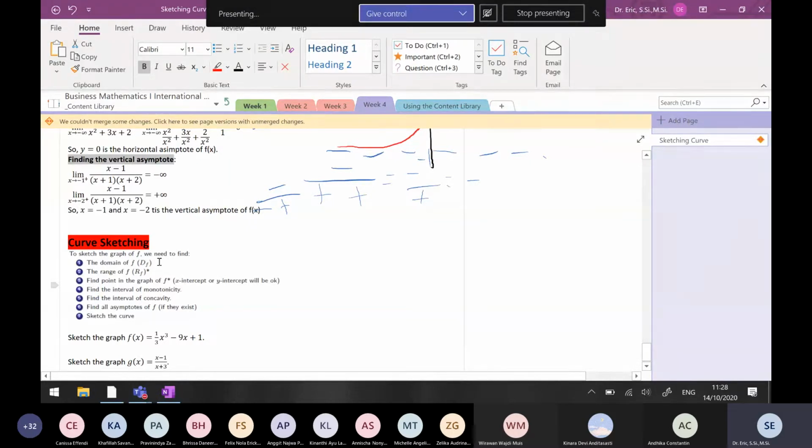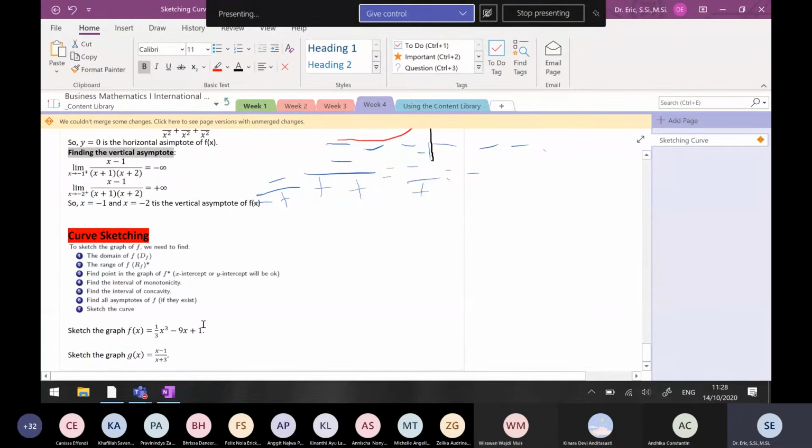We are going to use what you have learned from the first chapter until now. So when we are dealing with curve sketching, you have to know about domain, interval of monotonicity, concavity, asymptote, find intercepts, x-intercept, y-intercept, and so on. So it's like reviewing from the first chapter until now. Okay, yeah? This is the curve sketching.